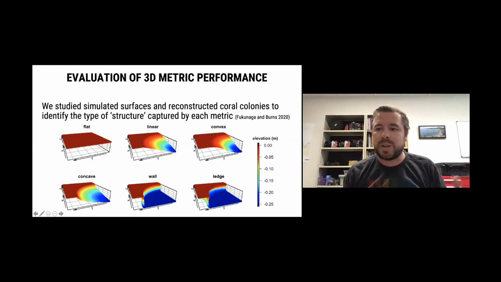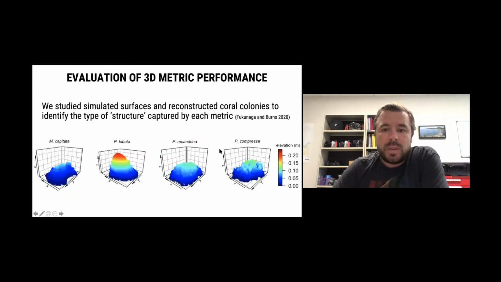Nothing is simple. Everything is weird, for lack of a better term. So it's hard to extract a singular type of structure. So we made it. We made flat surfaces, linear slope, convex slope, concave slope, walls, and overhanging ledges. Then we went out and modeled individual morphologies of corals.